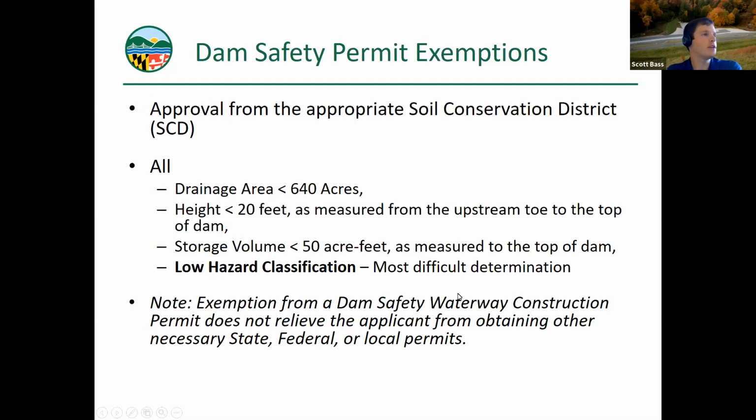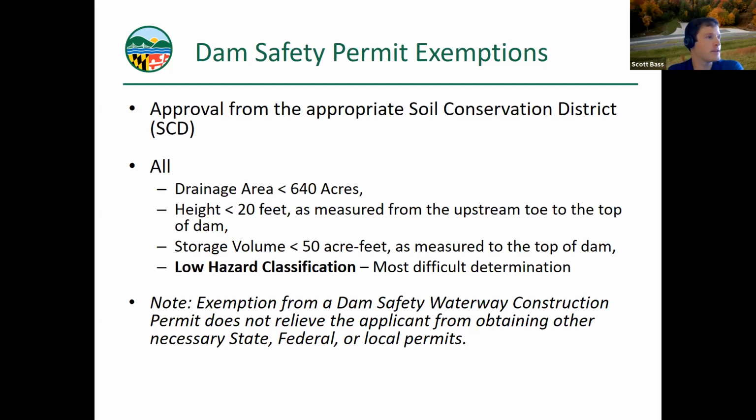So let's talk about this permit exemption. What this allows for is if it's small enough and it meets certain criteria, it can be approved by the local SCD or the department's designee. So there are 4 requirements that have to be met for us to be able to exempt a dam to one of these jurisdictions.